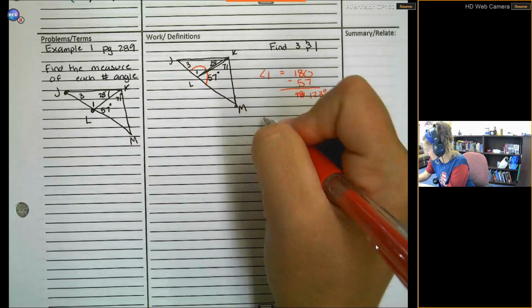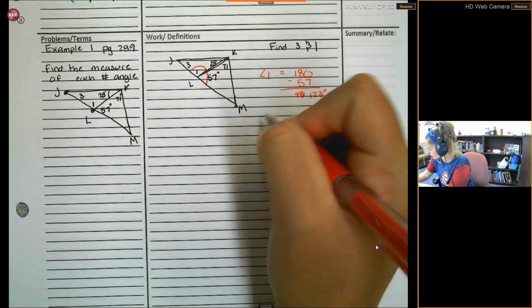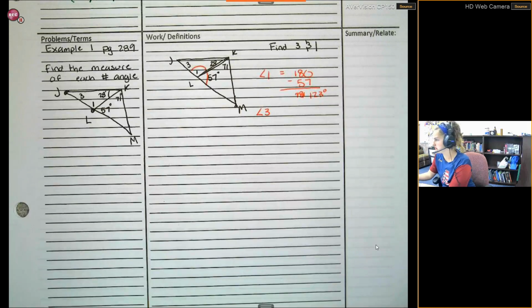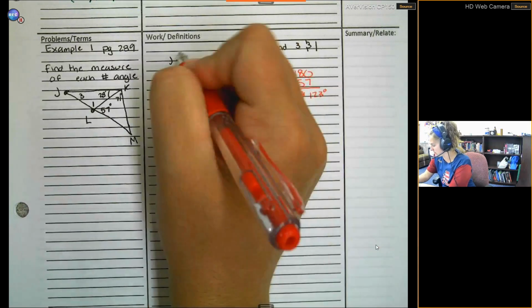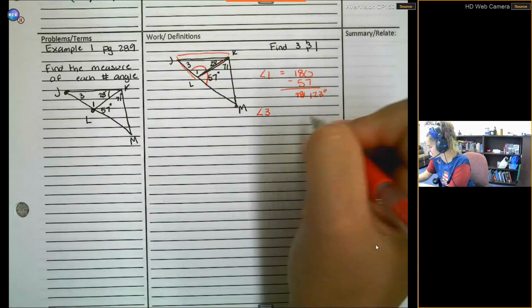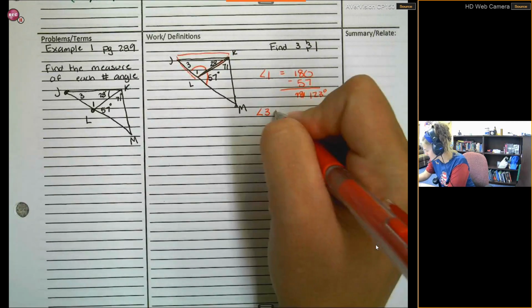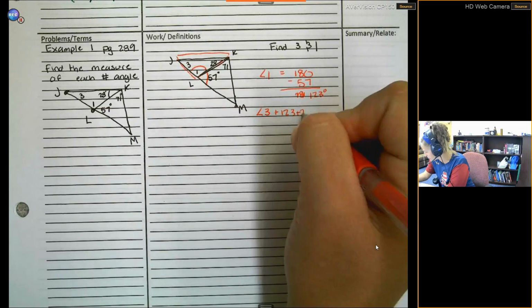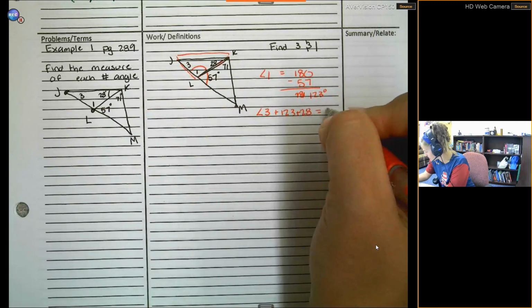And then for angle 3, how can we find angle 3? Yes, so all of our angles together in this triangle have to add to 180. So angle 3 plus 123 plus 28 should equal 180 degrees.